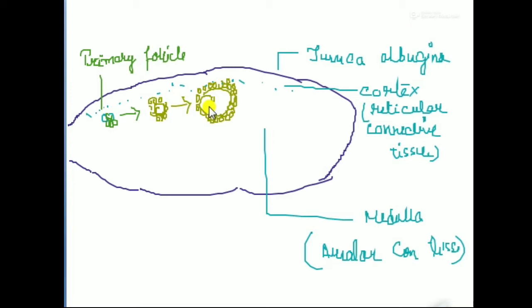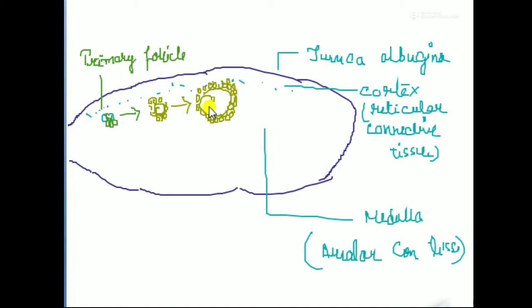Now we understand the ovary consists of follicles and has two layers. The outer layer is known as tunica albuginea and the inner mass is divided into two zones. The outer zone is the cortex, made up of reticular connective tissue, and the inner zone is the medulla, made up of areolar connective tissue. There are various stages of follicles present here.